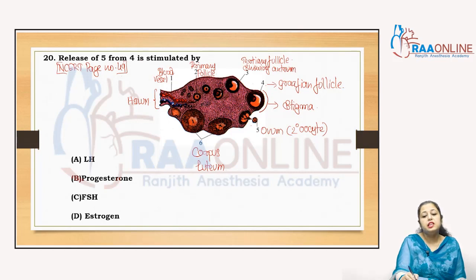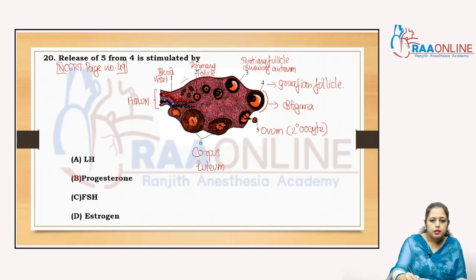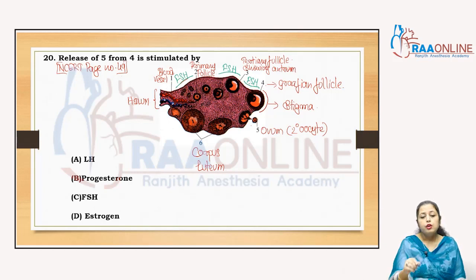So now 5 from 4 is stimulated by what? See here, for that process we know that FSH acts, again FSH, right? But when the function of FSH is completed here, there is no necessity for the FSH. Why? Because the Graafian follicle has matured.